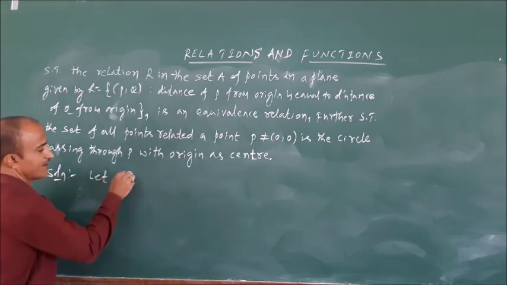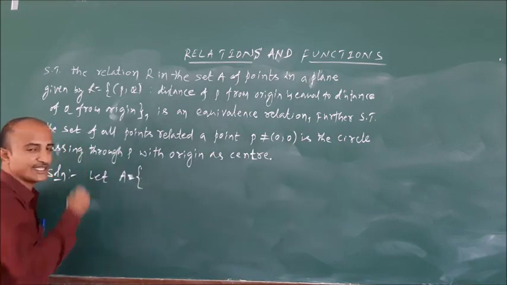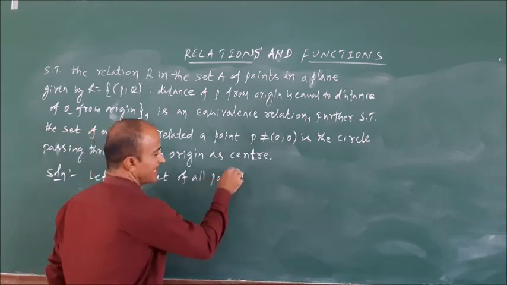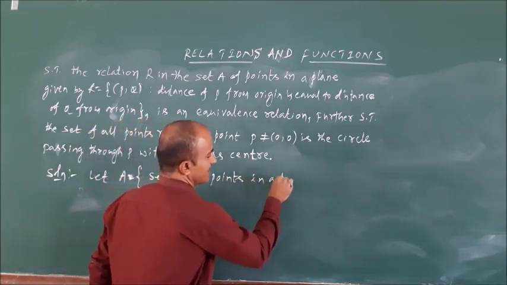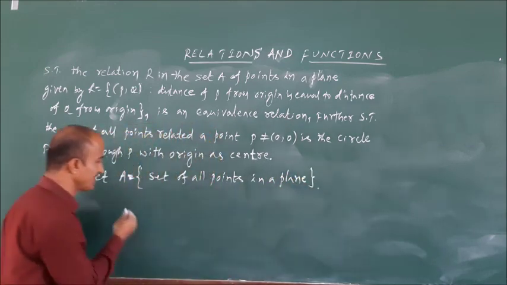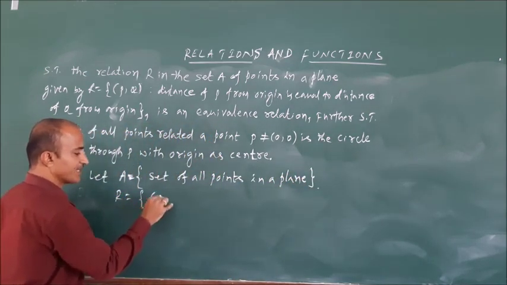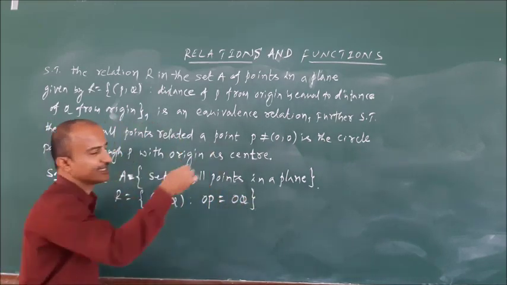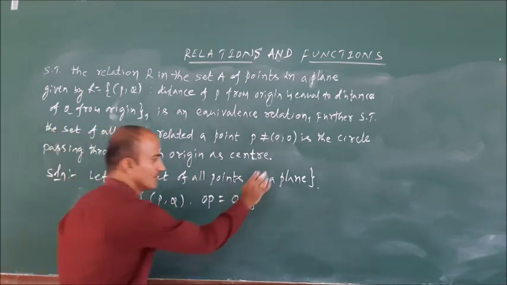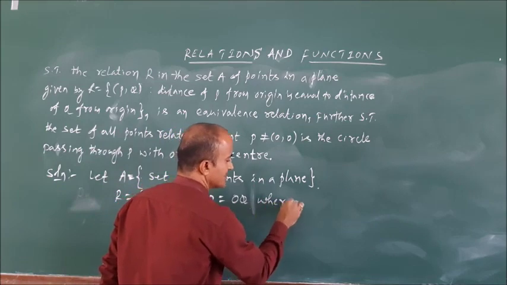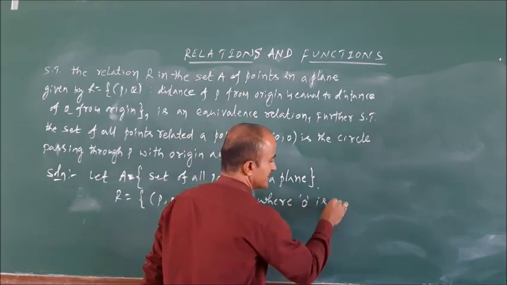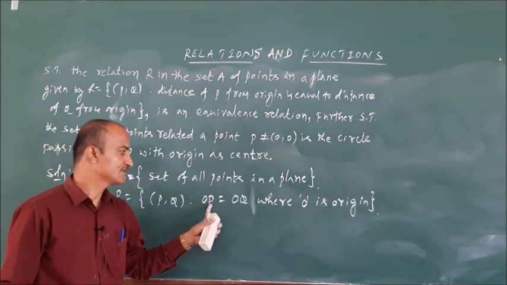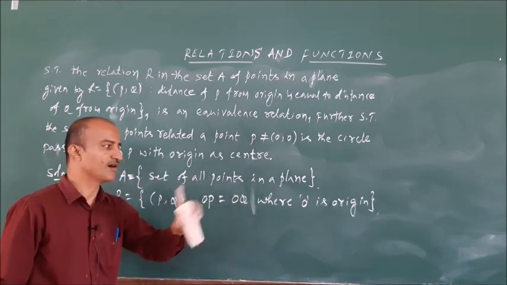Let A equal a non-empty set, the set of all points in a plane, and they have defined R as the set of all ordered pairs (P, Q) such that OP equals OQ. We can rewrite that in shorter form: OP is equal to OQ, where O is the origin, the distance of P from origin is equal to the distance of Q from origin.